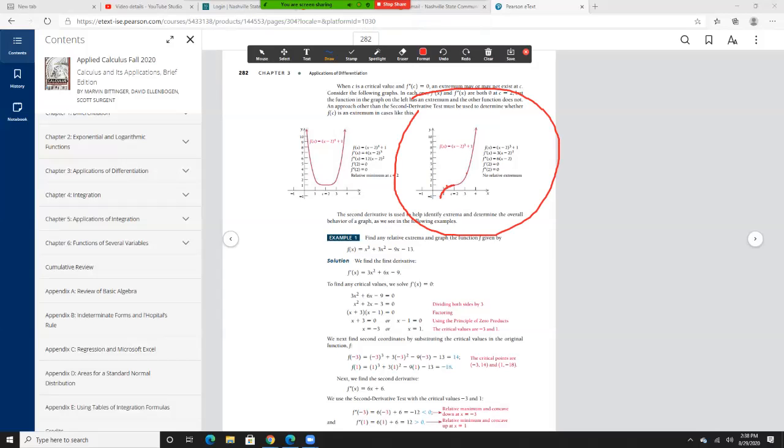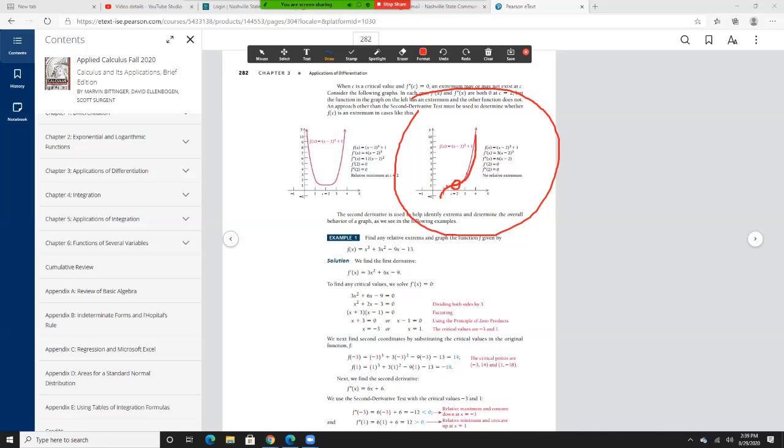So from negative infinity to -2, I would say it's concave down. And then if you go from 2 to infinity, it's concave up. Since it changes concavity here at 2, that is called an inflection point. An inflection point is where a graph changes concavity.